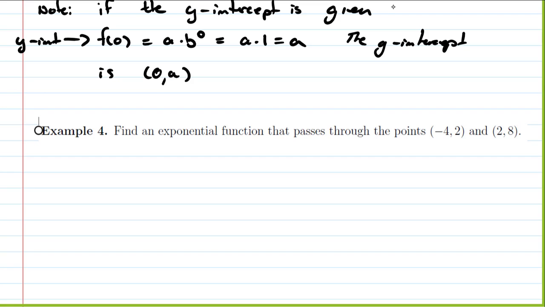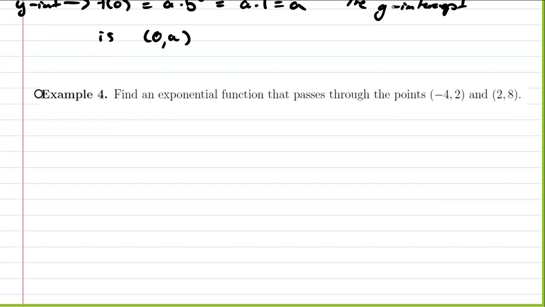So find an exponential function that passes through the points (-4, 2) and (2, 8). So we start with our f of x is equal to a times b to the x. Neither of those is the y-intercept, so we'll have to do this problem in its full generality. So we know when we put in -4, we're going to get out 2. So f of -4 is equal to a times b to the -4, and that is supposed to equal 2.